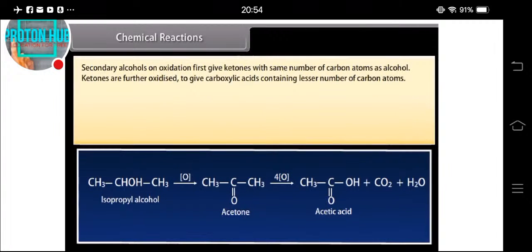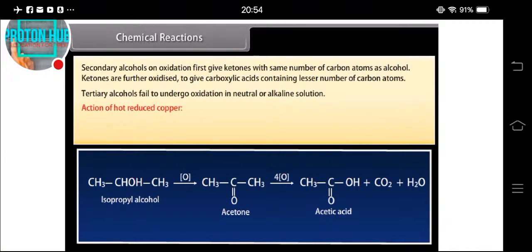Secondary alcohols on oxidation first give ketones with the same number of carbon atoms as alcohol. Ketones are further oxidized to give carboxylic acids containing lesser number of carbon atoms. Tertiary alcohols fail to undergo oxidation in neutral or alkaline solution.